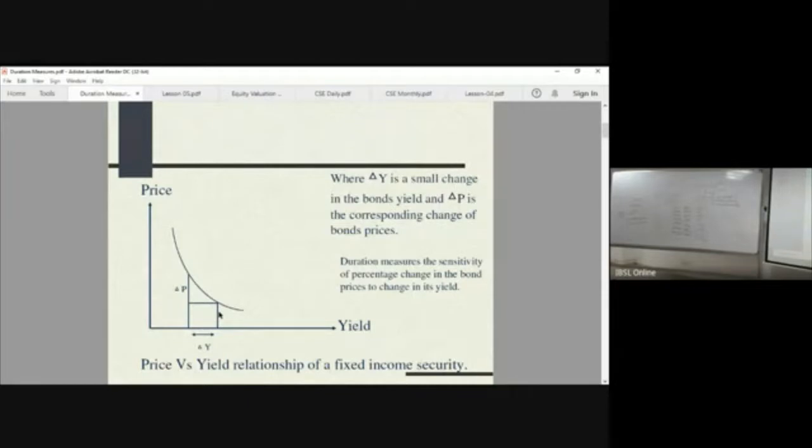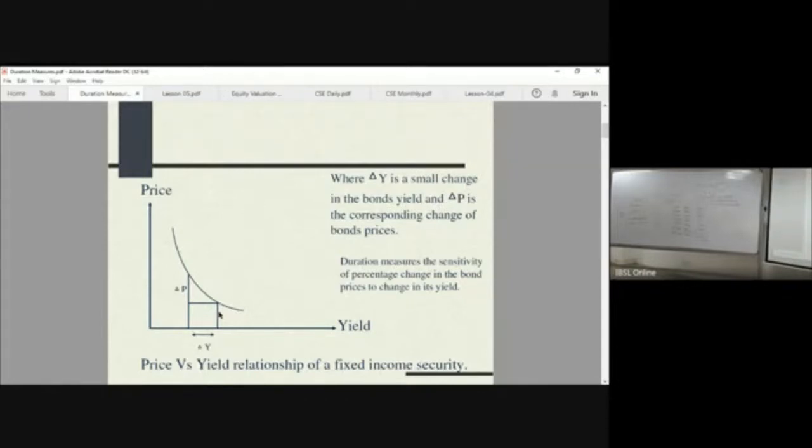For a substantial interest rate change, the duration measure may not be accurate. Then there should be an adjustment made, because that adjustment is necessary due to the curvature of the curve.